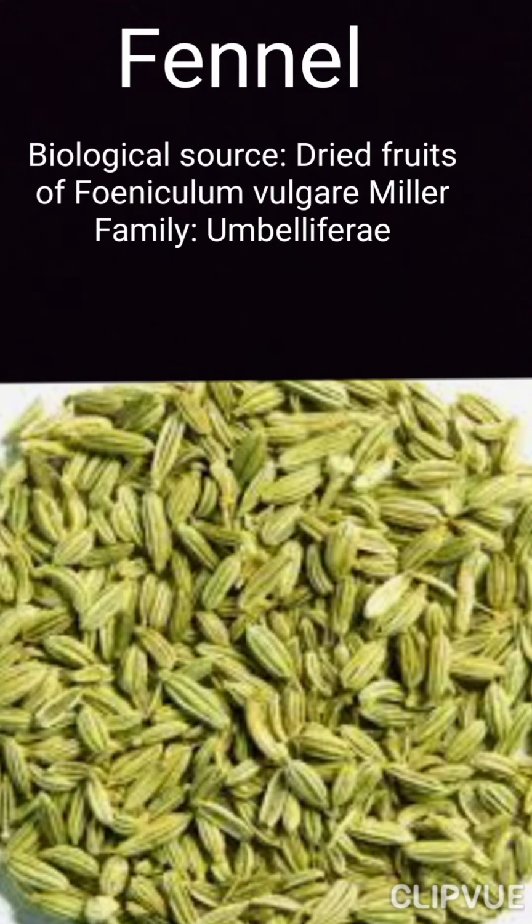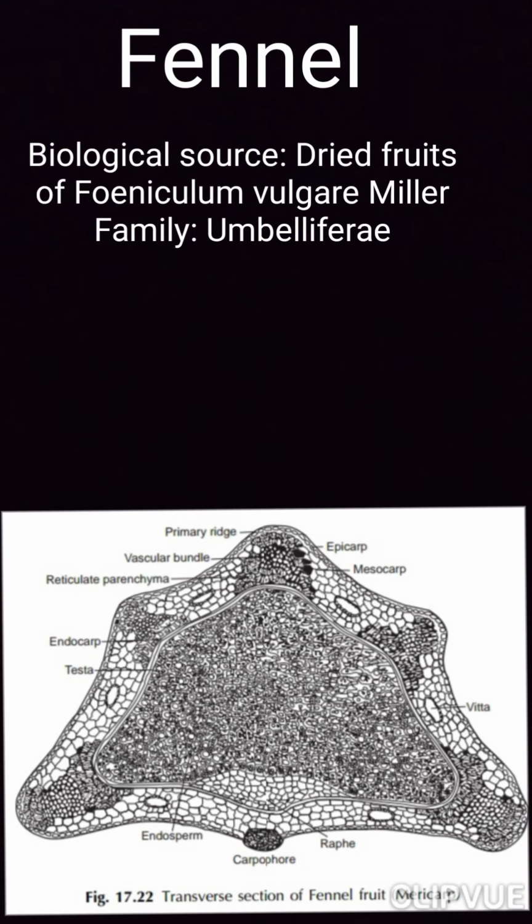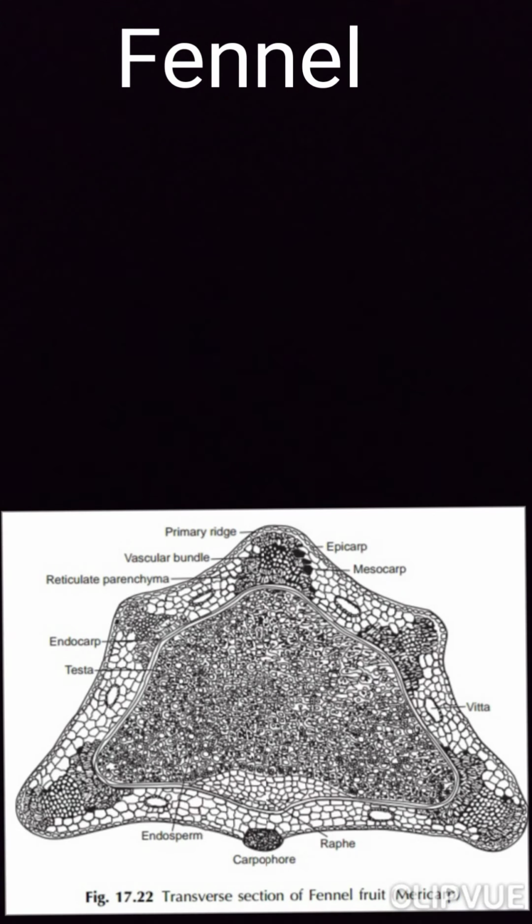Coming to the transverse section of the fennel fruit, the image is almost the same as coriander. Here you can see the epicarp, mesocarp, vittae, raphe, carpophore and endosperm. From the left side, the primary ridge and vascular bundles, five vascular bundles in all. Then reticulate parenchyma, endocarp and testa.